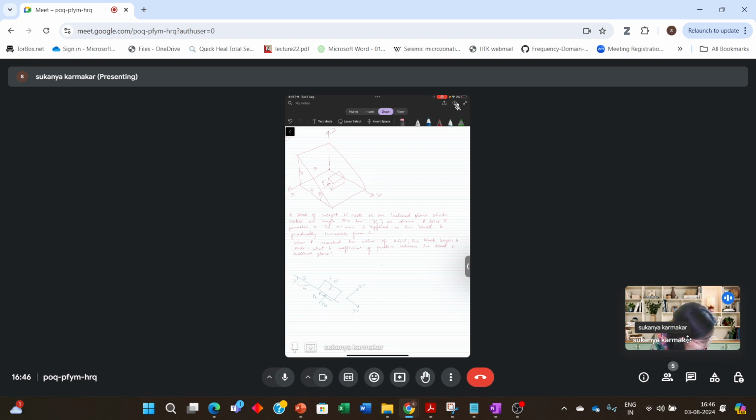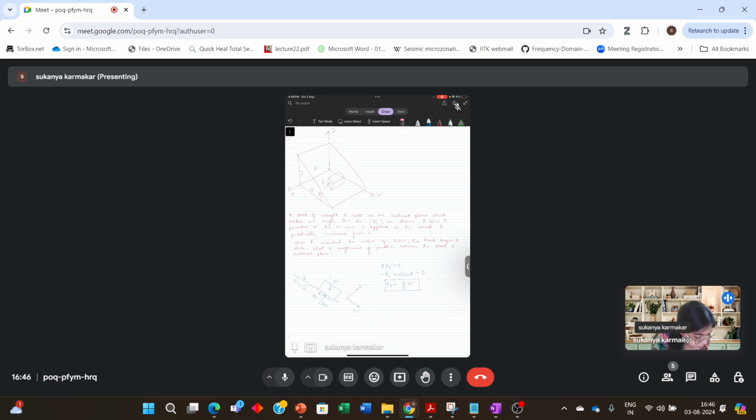Now summation of F y dash equals 0. Then minus Ft plus the component of the weight, W sine theta, equals 0. So Ft is equal to, sine theta is 3 by 5, so Ft is 3 by 5 into W.